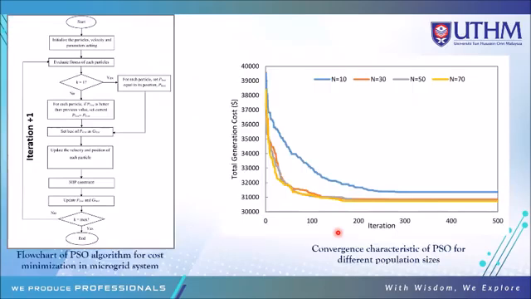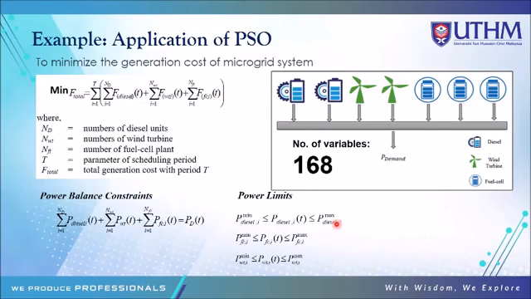For example, PSO. So the question is how to apply PSO in order to minimize the cost of a microgrid system. This is my real personal experience. This is a real engineering problem, not a mathematical problem.